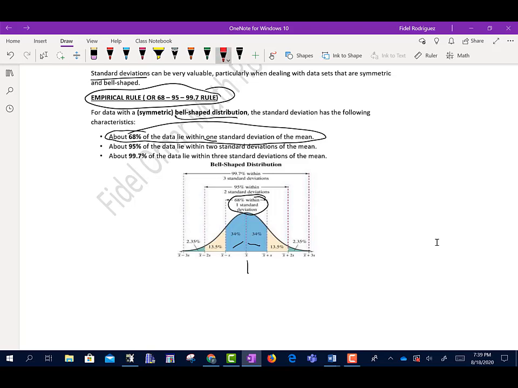95% of my data is going to fall within two standard deviations. So this piece here and this piece here, I'll have 95% of all my numbers in as long as I'm about 2 deviations away. And then we're going to have 99.7% 3 deviations away, okay? So again, what does a deviation mean?